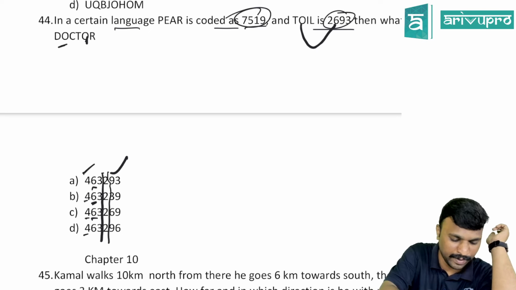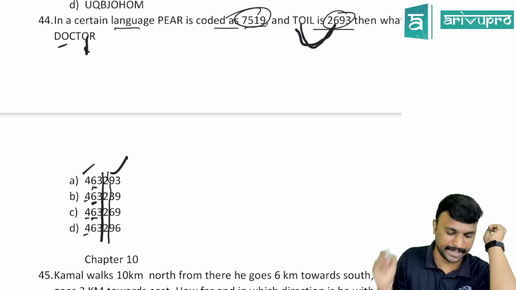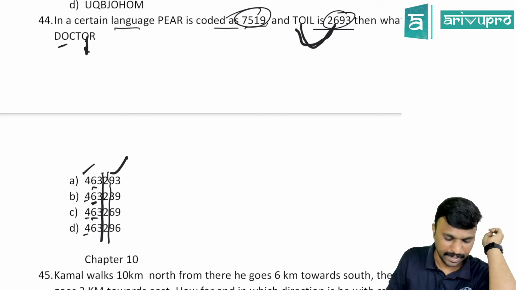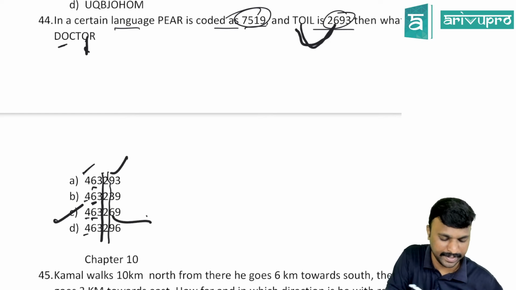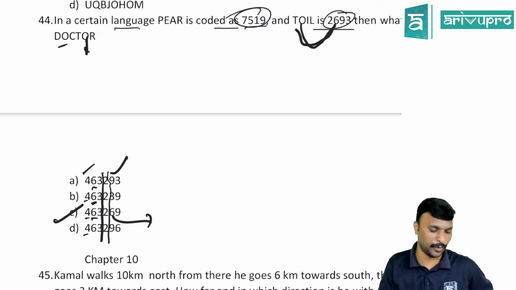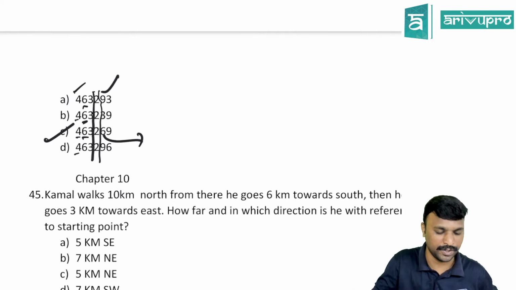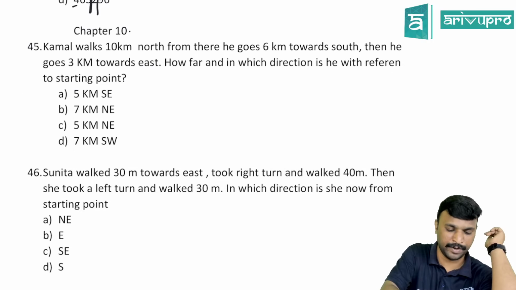What is last but one here? O. O is basically 6. So the only option where O is coded as 6 is option C. So the answer for the 44th question is option C. 463269 is the answer.